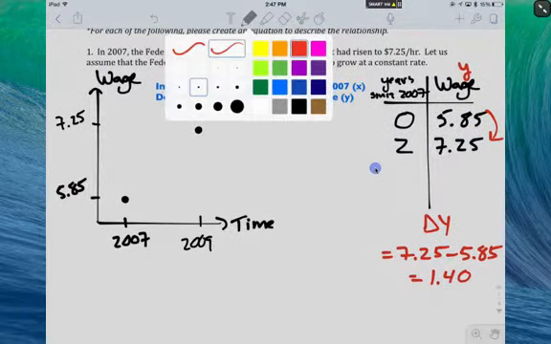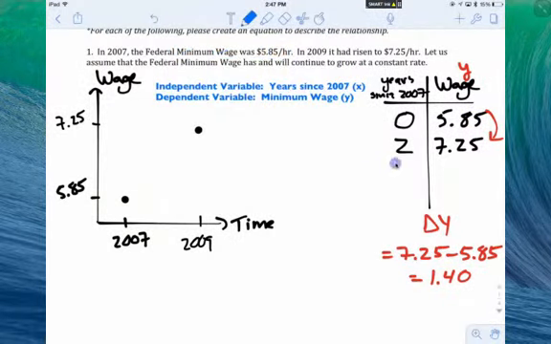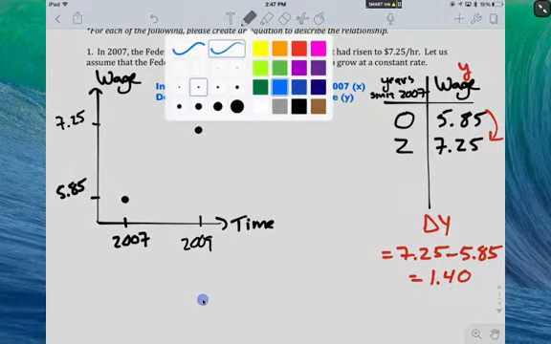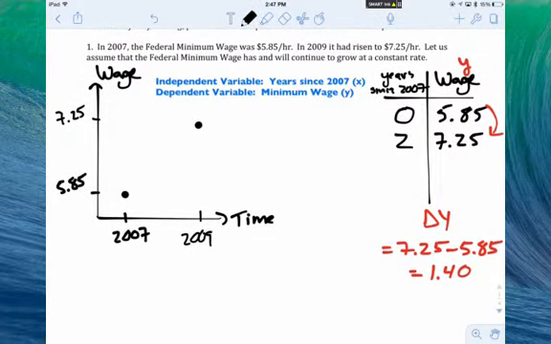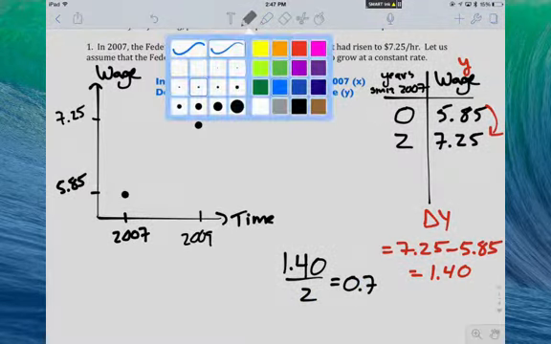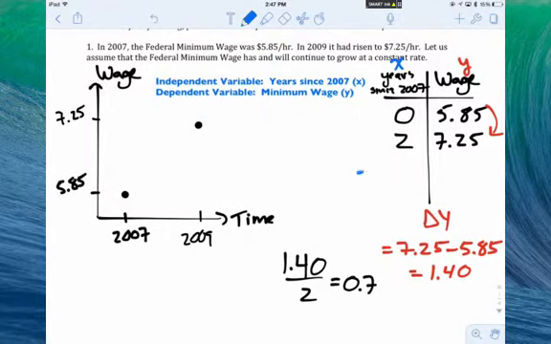And how many years did that take to do? It took 2 years for that to happen. So I think that per year, the minimum wage went up by $1.40 divided by 2 for a grand total of 70 cents. So that means that every 1 year, the minimum wage went up by 70 cents. And just to be thorough, I'm going to go ahead and say that the change in x, right, was 2 minus 0.